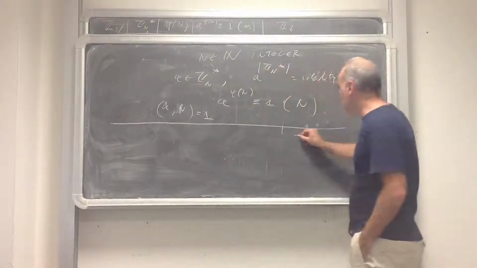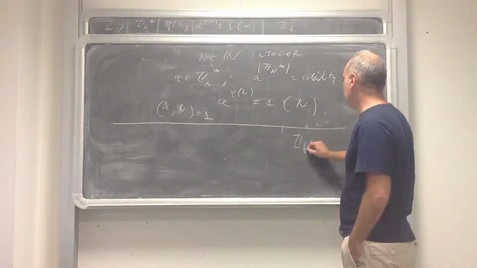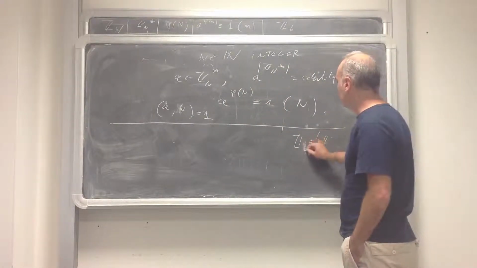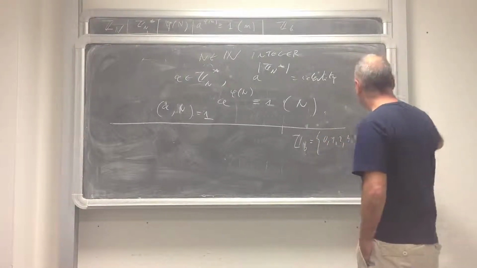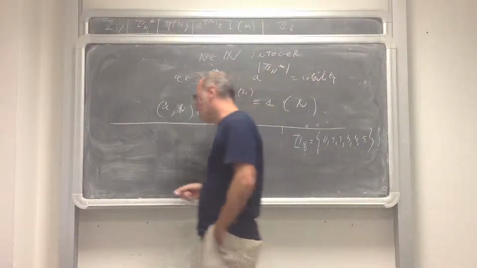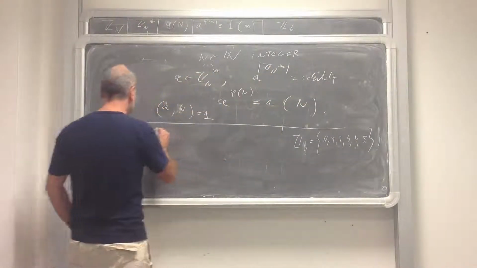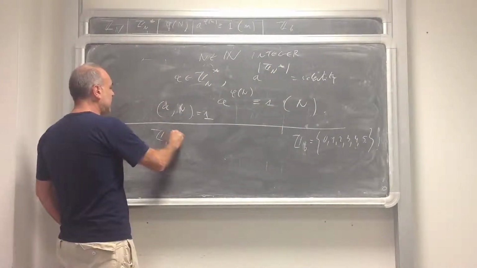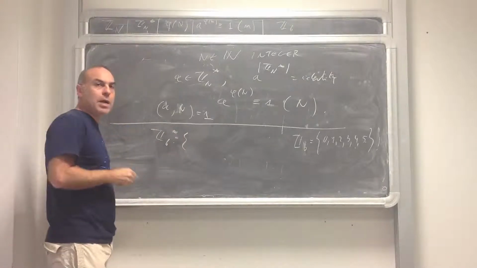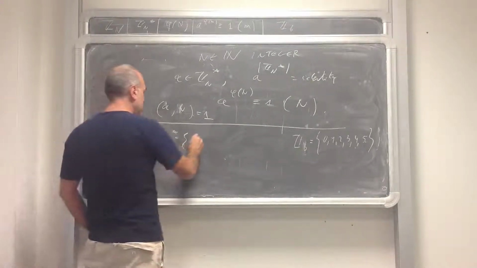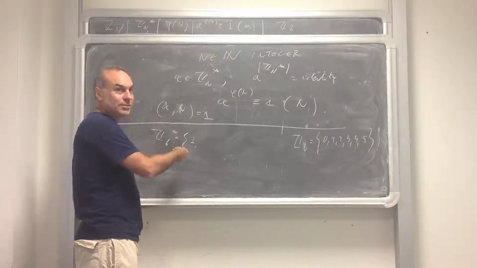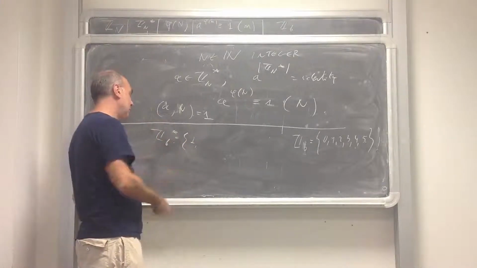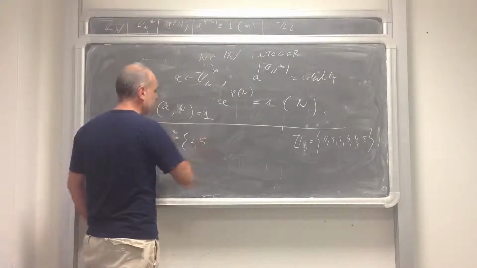Now we can see an example. So if we consider Z6, 0, 1, 2, 3, 4, 5, we have Z6. Now what is Z6 star? Z6 star are the numbers which are coprime to 6. So we have 1, not 2, not 3, not 4, 5, and not 6.